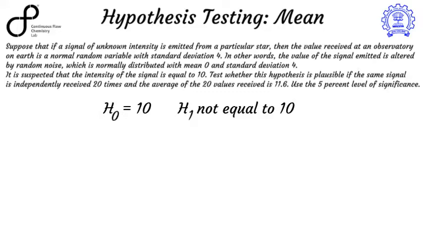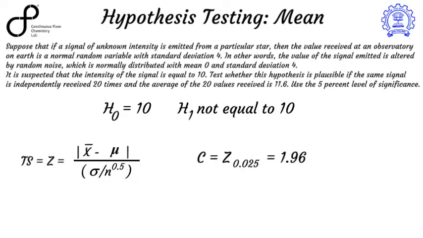Population standard deviation is known, therefore, we will use Z distribution as test statistic. The significance level is 5%, therefore, the critical region will be a value of Z, which has 2.5% area above it. We can use Z table to find this value, and it comes out to be 1.96.